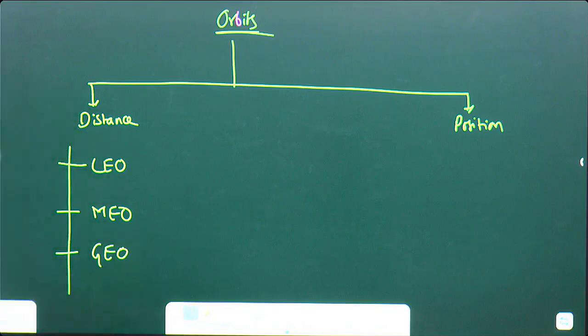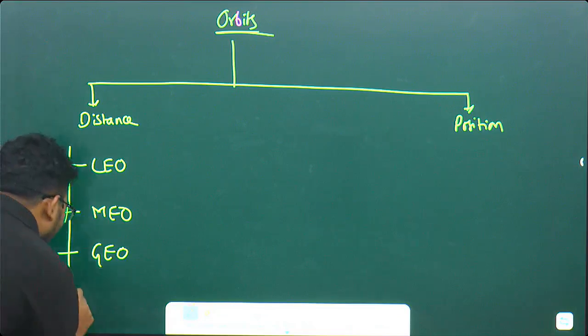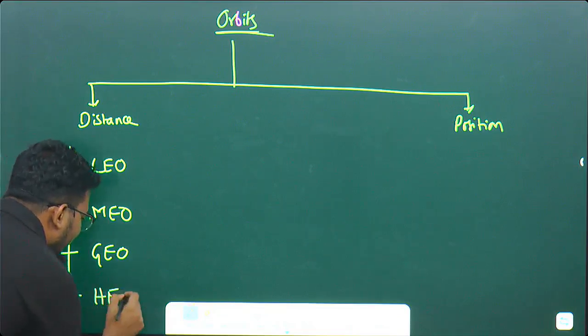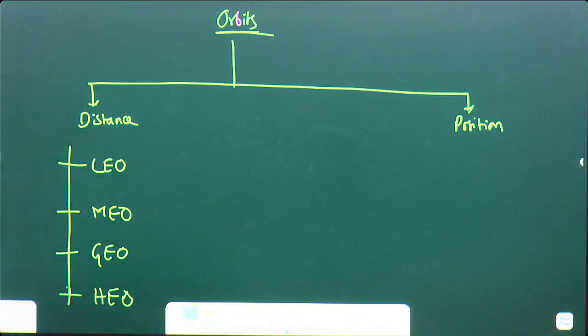GEO, geostationary Earth orbit. HEO, high Earth orbit. So based on distance, we have divided the orbits into four types: LEO, MEO, GEO, HEO.